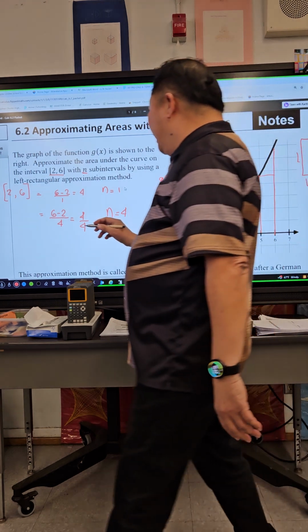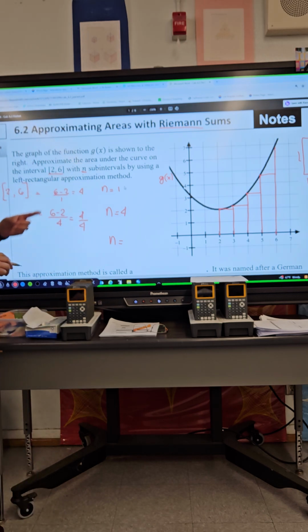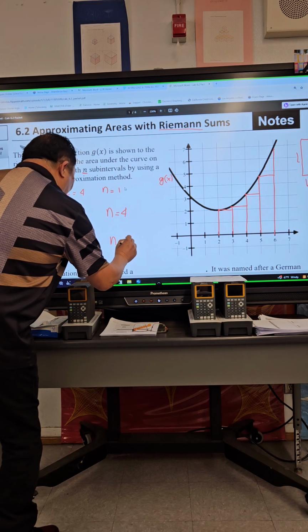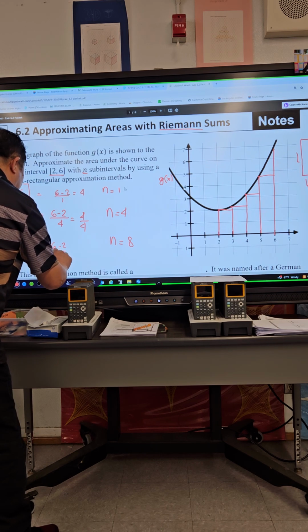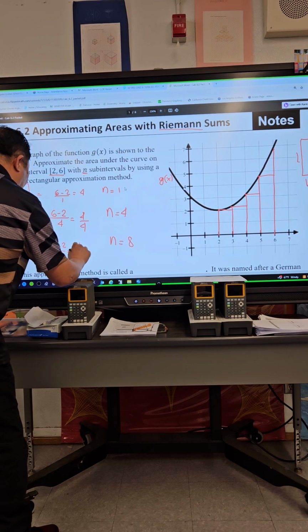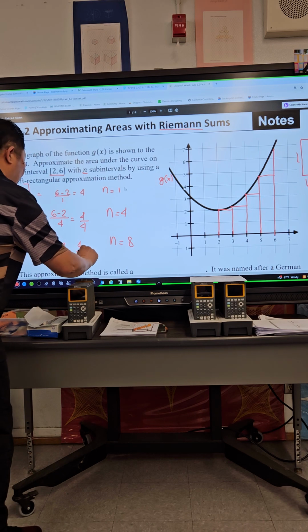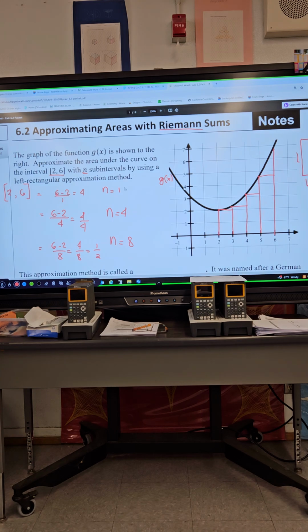Next, if you are doing 8 subintervals, which means 6 minus 2 over 8, so 4 over 8, which means the subinterval is 1/2.